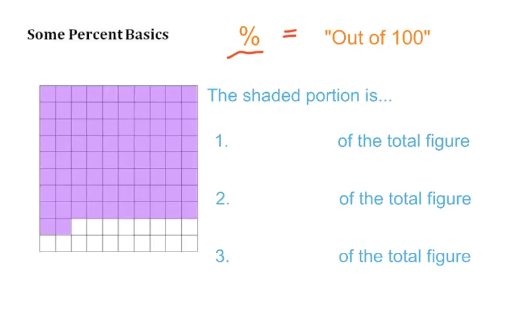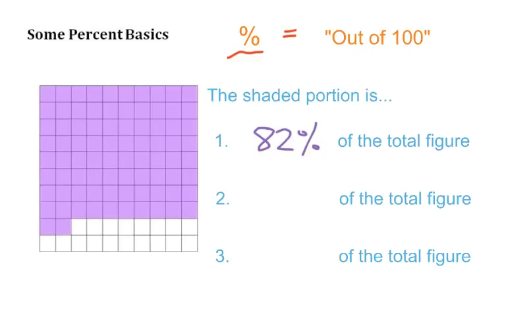It turns out that there are 100 small squares in this figure, you're welcome to count, and 82 of them are shaded in purple. So I could say that the purple shaded portion is 82% of the total figure. I think you'd all agree with that much.